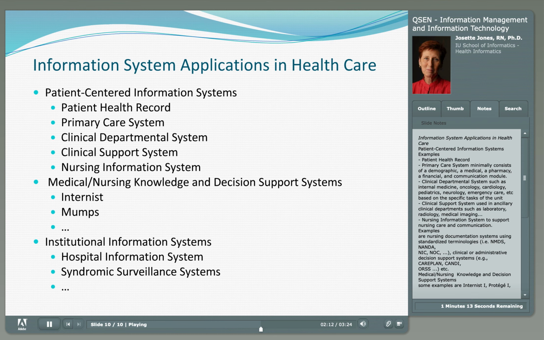The next group is the medical nursing knowledge and decision support systems. Examples are Internet One, Prodigy One, MUMS. All these systems are guidelines to support decision making and problem solving in clinical care. The last group is the institutional information systems.